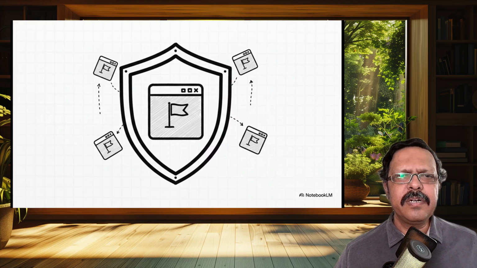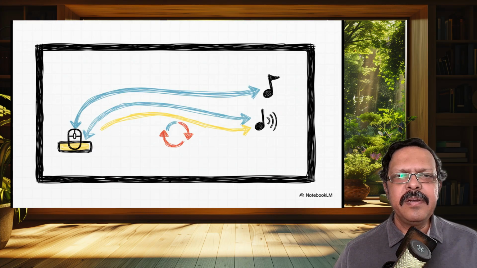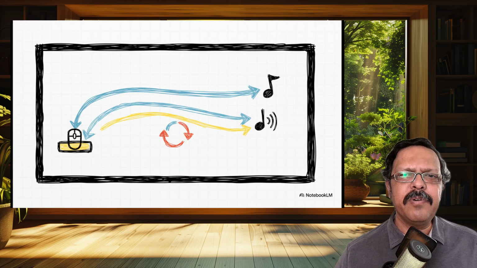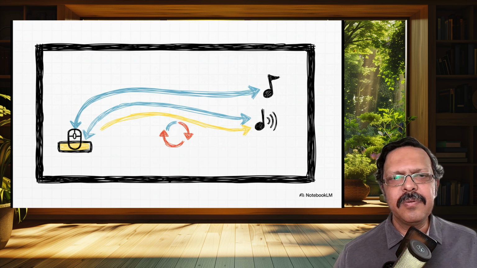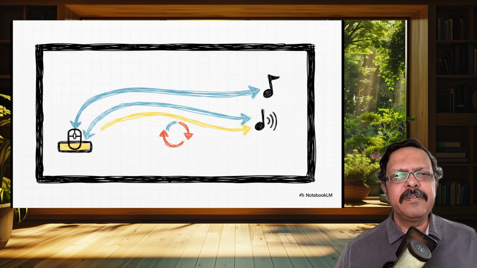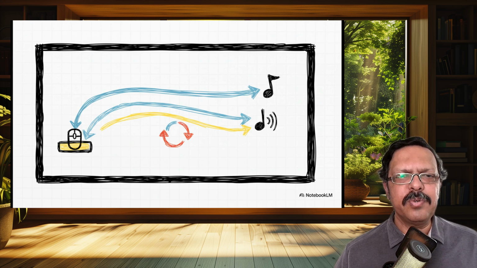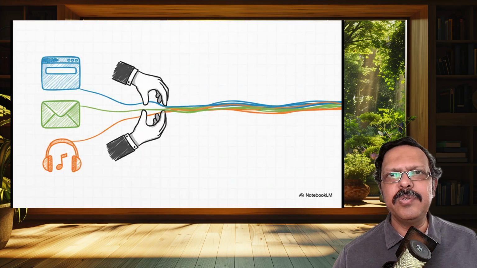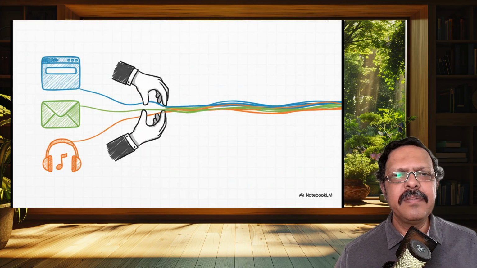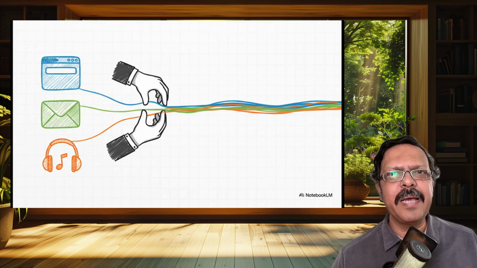Now let's look at a slightly deeper idea. At no point does the operating system violate the laws of hardware. What I mean by that is, processes create the illusion of ownership, threads create the illusion of simultaneous execution. These are not tricks, they are disciplined abstractions.